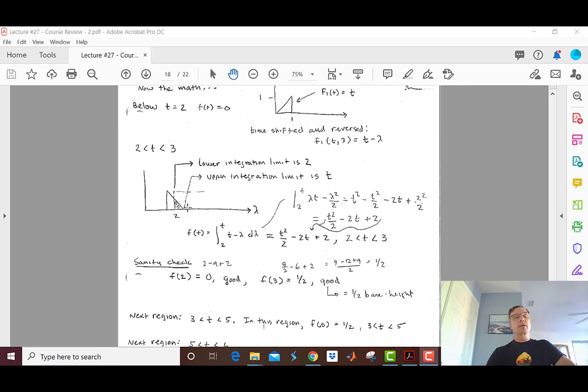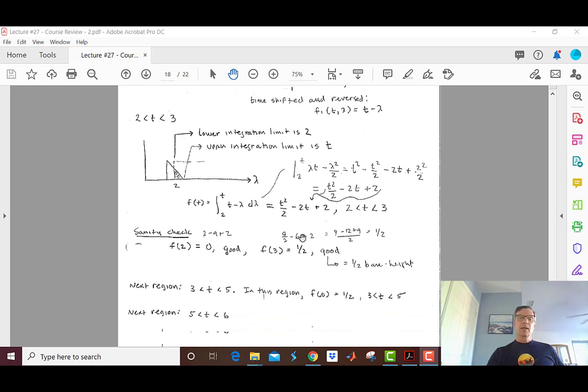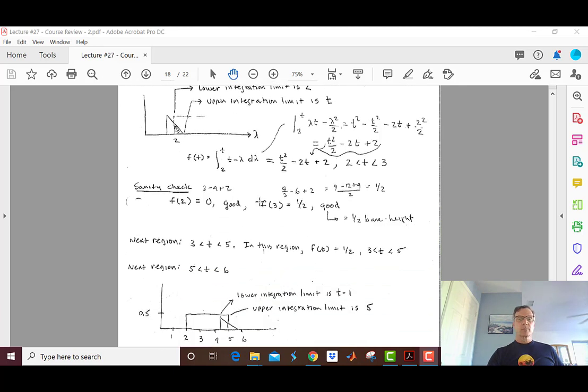So the output is going to just be the area of the triangle, which we computed before to be 1/2. So I substitute 3 in there, and here are my little numbers that show that, and I get a result of 1/2, and that is good. So I've got a good definition of the function from 0 to 2, which was 0, from 2 to 3, it's this function. Now let's look at our next region.